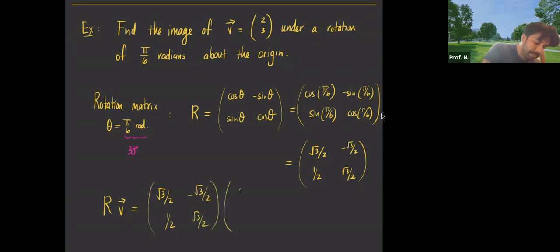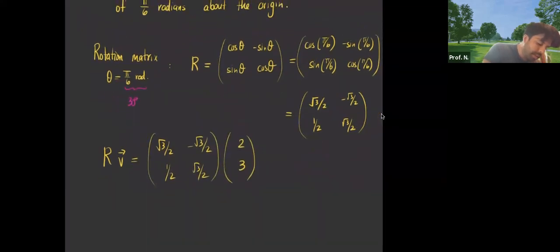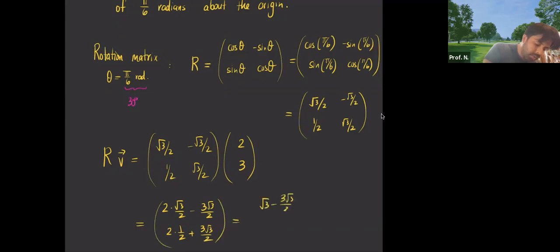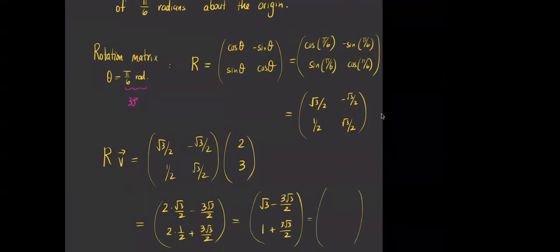But this becomes 2 times rad 3/2 minus 3 rad 3/2, and this becomes 2 times 1/2 plus 3 rad 3/2. If you cancel out, you get rad 3 minus 3 rad 3/2, and 1 plus 3 rad 3/2. That's my new vector.